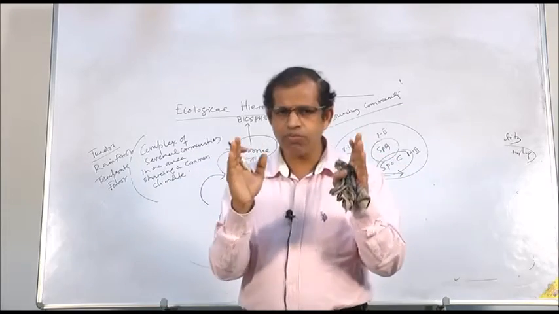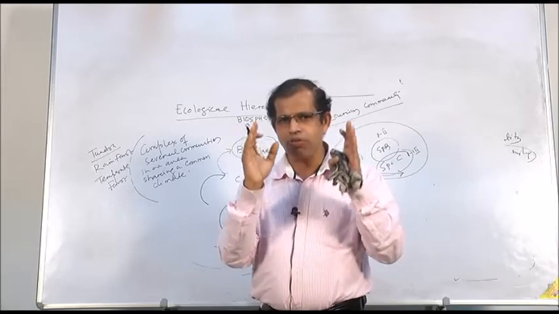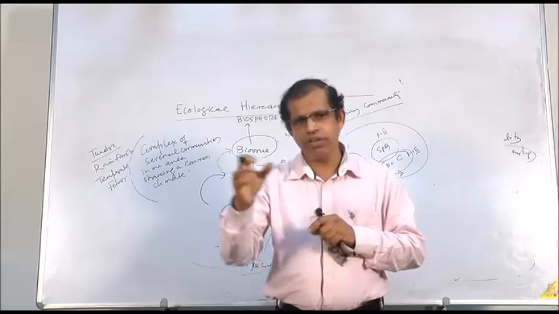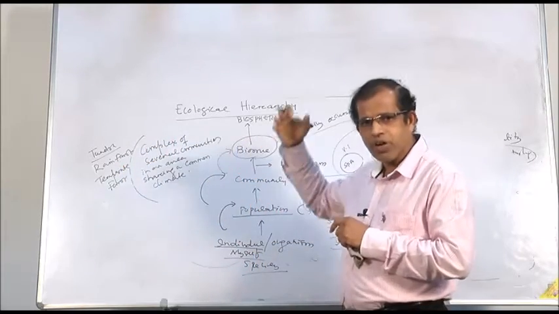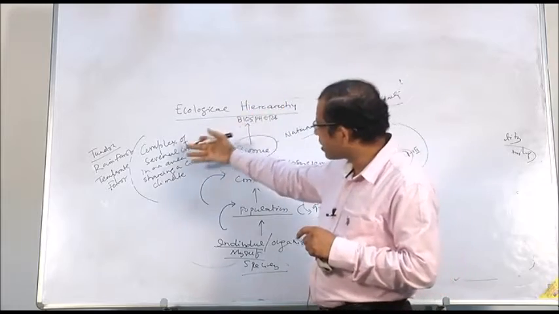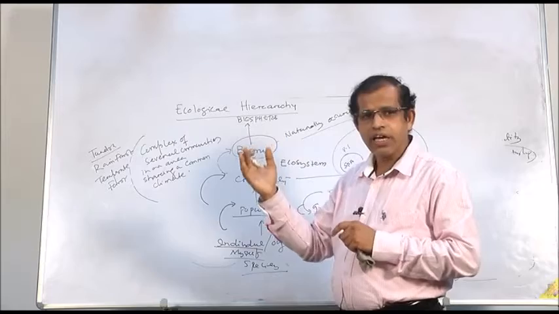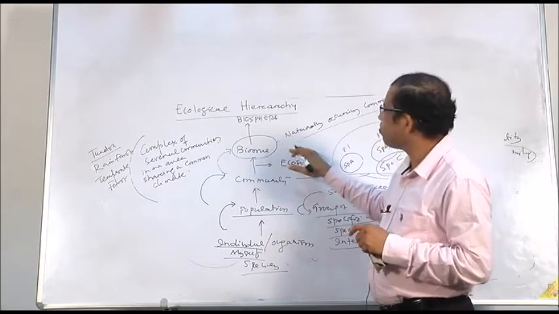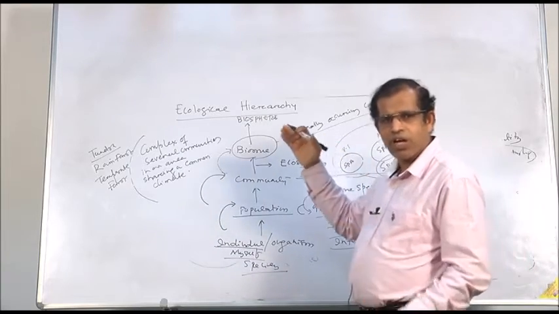Here we are very restricted: the community is interacting with the living and the non-living. But when we have several communities sharing common climatic conditions, then that is called a biome. We will see the types of biomes in the latter part.